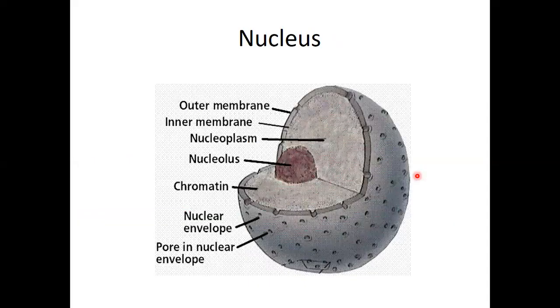I'll use a structure for easier explanation. What we are seeing here, if you can see the pointer, is the nuclear membrane. Observe that the nuclear membrane has two membranes. This will be the inner membrane or envelope. That will be the outer membrane or envelope.